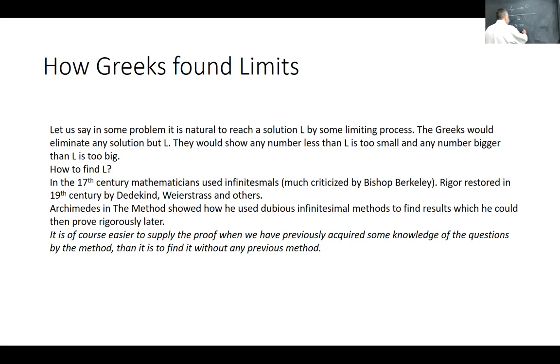But if we let n equal 2 over epsilon, and is this the ceiling function? So this is the smallest integer greater than 2 on epsilon.